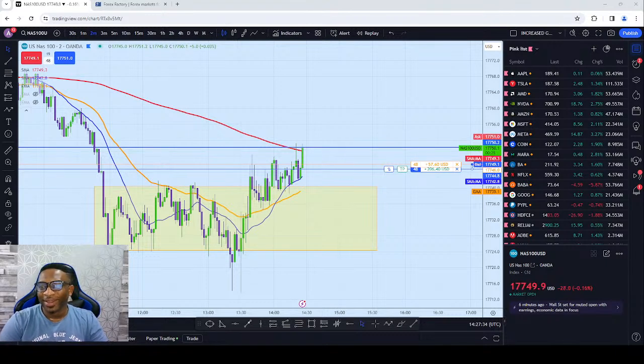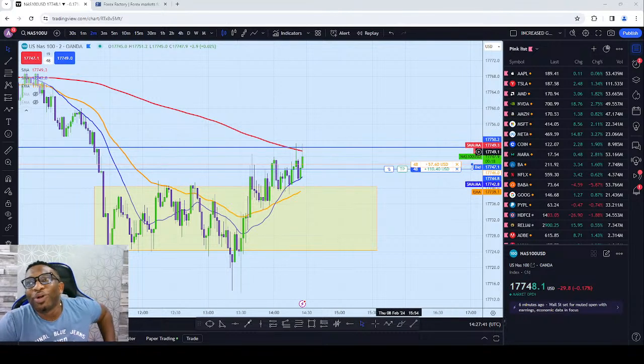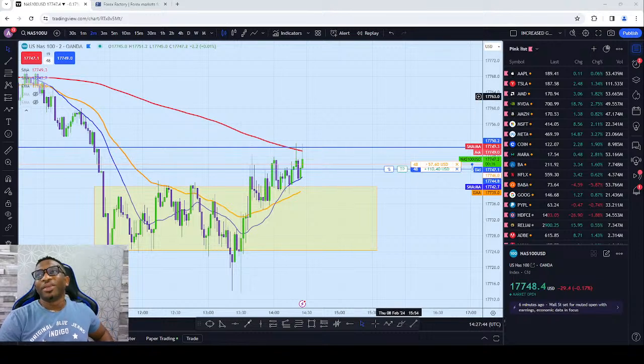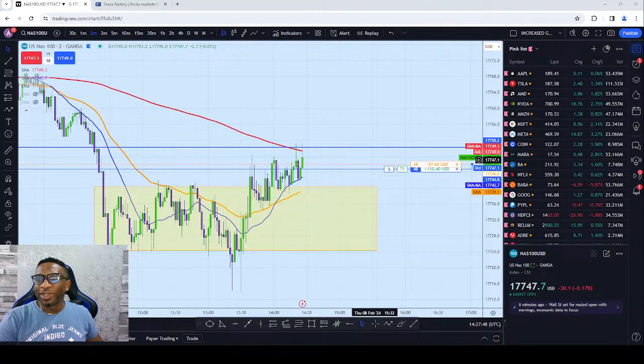If it opens and then pops up, we will fly. If it does some pullback to our position, it takes us out with a small profit.